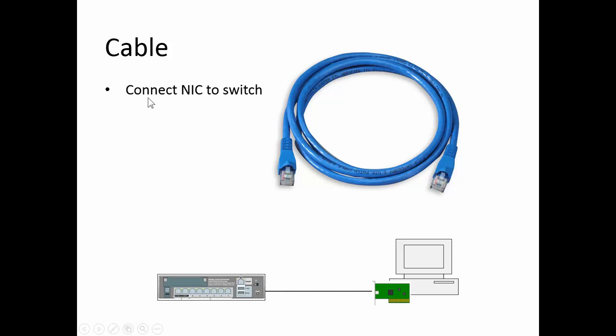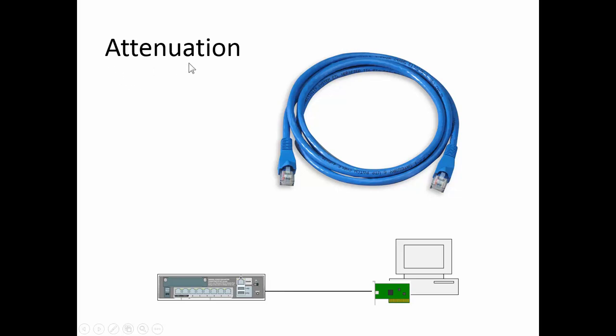The cable is used to connect the network interface card to the switch. And if the cable is too long, the signal will attenuate. Attenuate means the signal gets weaker and weaker and weaker. On your typical Ethernet cable, it can only go 100 meters until the signal is so weak that it cannot be read by the computer at the other end.